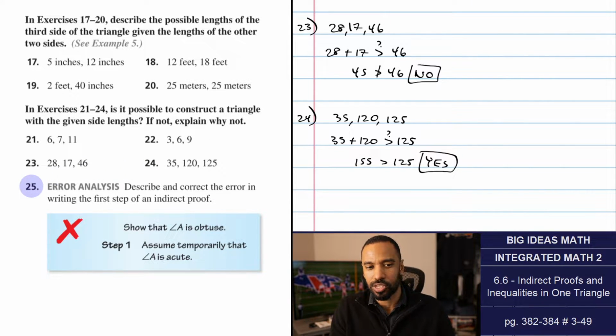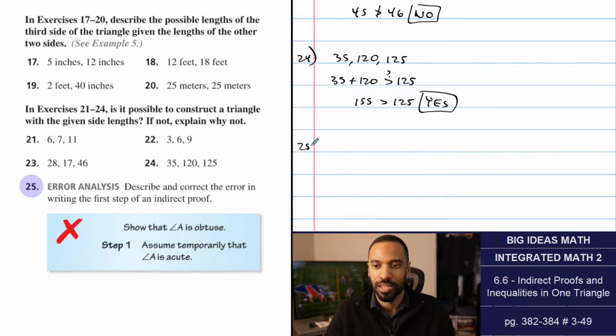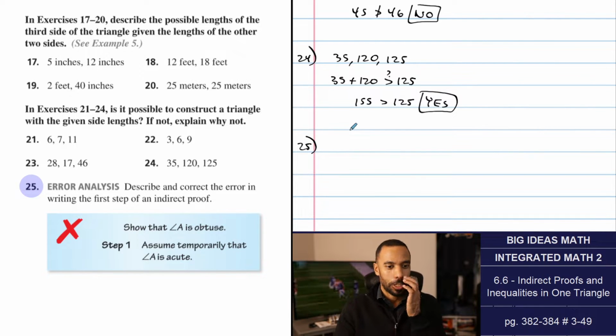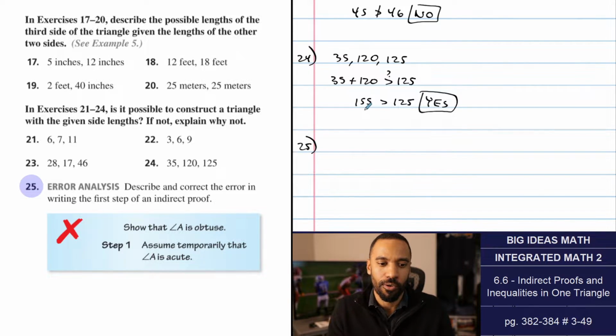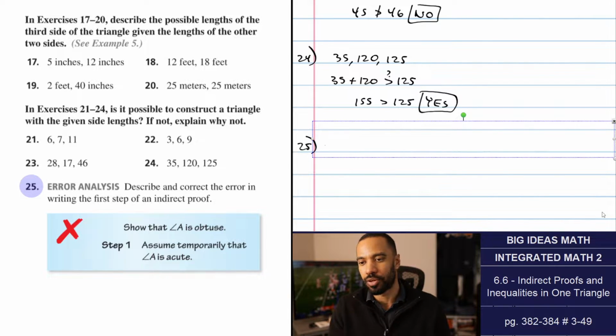Error analysis. Describe and correct the error in writing the first step of an indirect proof. I don't know, this isn't my forte, but let's see where they made this mistake. Show that angle A is obtuse, and assume temporarily that angle A is acute. Okay. The problem with this one is there are other kinds of angles.